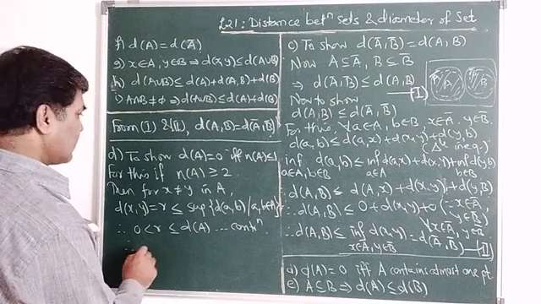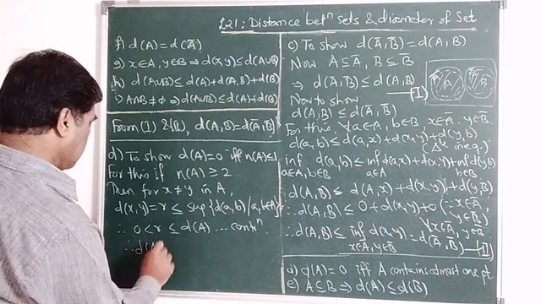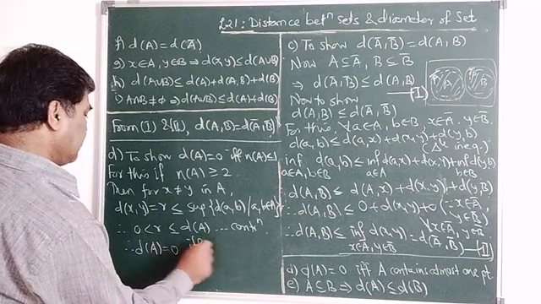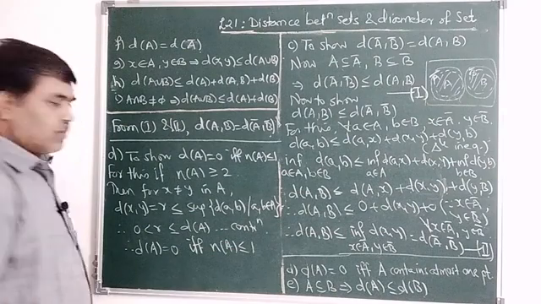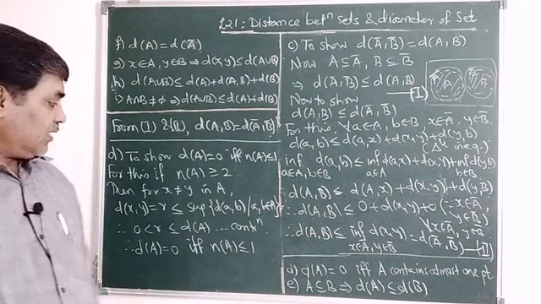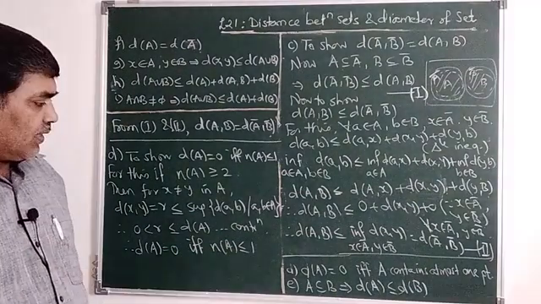Therefore, diameter of A is 0 if and only if the number of elements in A is at most 1.